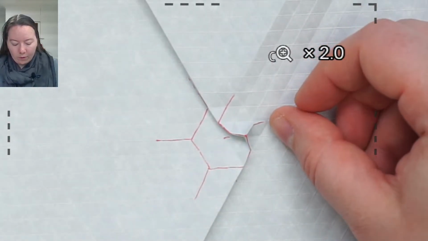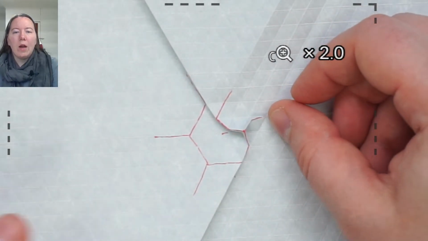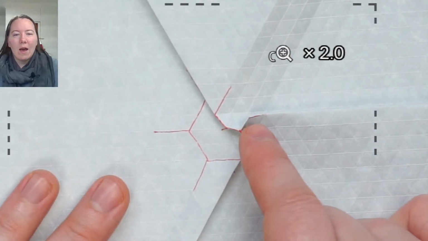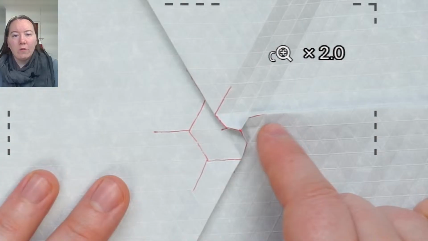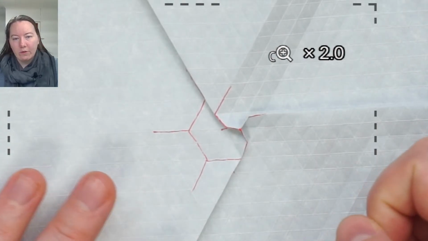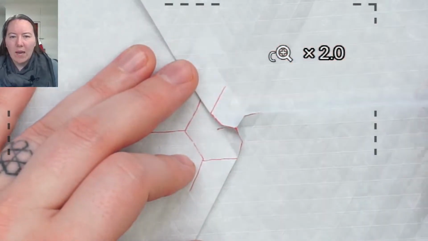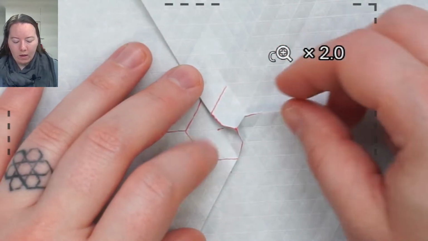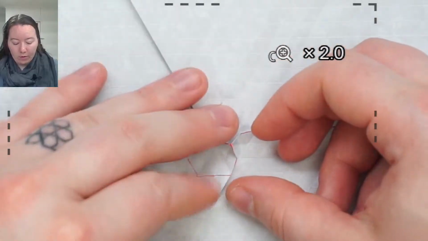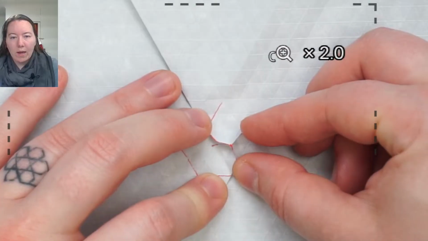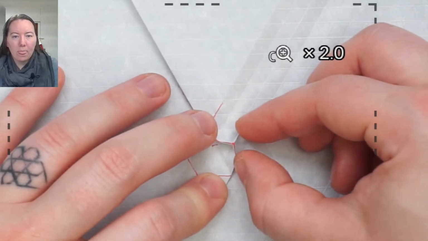So if I was doing this without drawing on the paper, I would want to know where's the center and then come 2 spaces out on the grid line coming to the center and put my 3-way intersection of mountain folds. And I'm making this one right-handed kind of arbitrarily. Like I mentioned before, we're going to have mirror symmetries in this pattern, so it doesn't matter if I start with a right-handed or a left-handed twist.